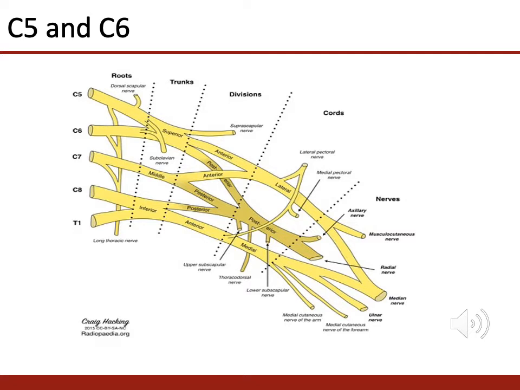We can see that the long thoracic nerve is given off by C5 and C6 very high up. The long thoracic nerve travels within the belly of scalenus medius, and we can see that the other important nerves of the shoulder, the suprascapular nerve and the subclavian nerve, come off relatively high also.